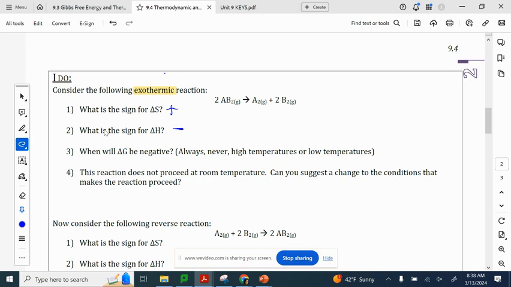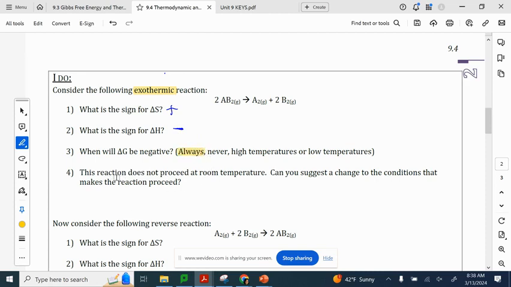When will delta G be negative? Always, never, high, or low temps. Go back to your chart. Find where this is positive and this is negative. But remember, the chart's set up so the delta H comes first. So look for your negative, positive. It is always, yes.